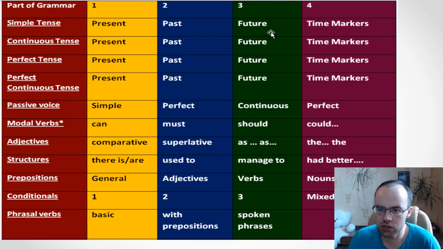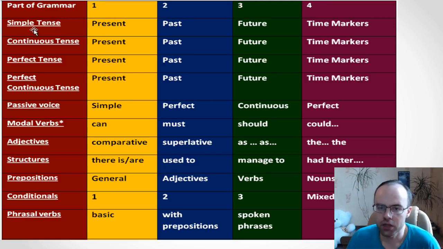It's what you need for a start. It's your first step. And it's also desirable that you know some time markers which are typical of this or that tense, like usually, always, a week ago, next week, and so on. You also need to focus on prepositions, so you need to start with it.